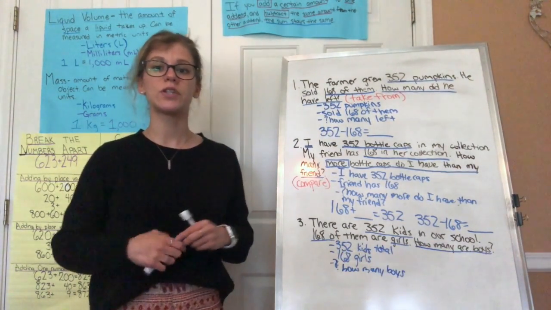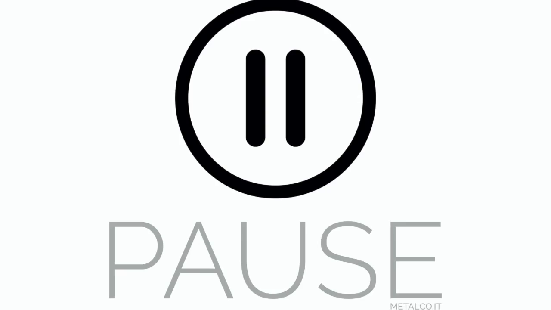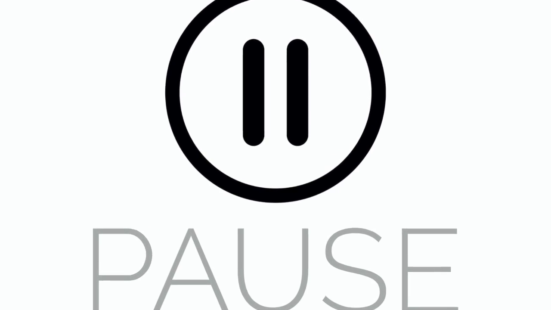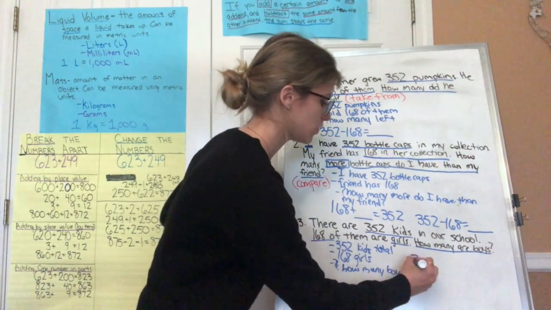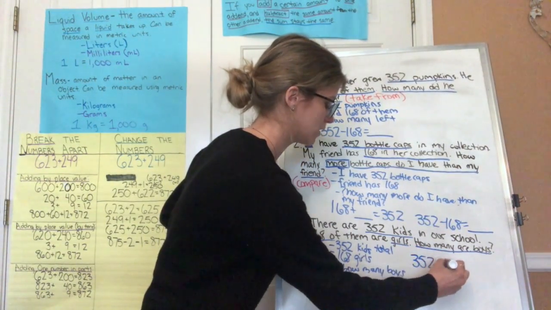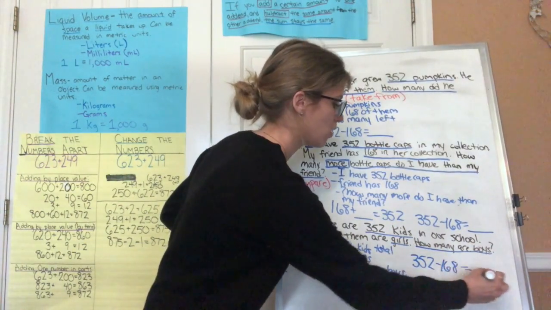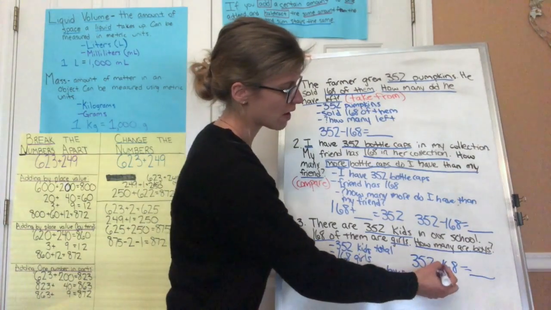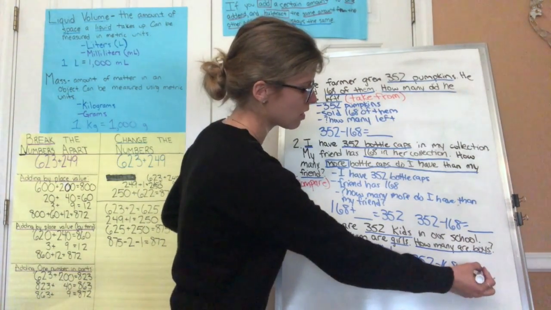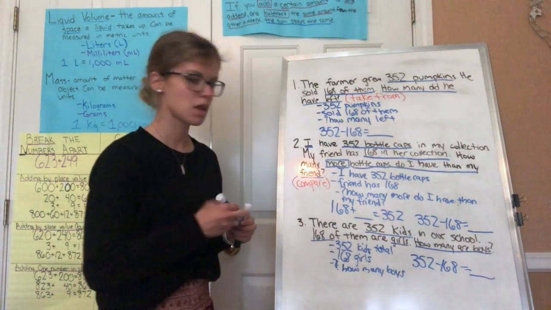Pause me and think about an equation that I can use to represent this. I could do 352 minus 168. Because I know that there's 352 total, that's my biggest number, then I'm taking away how many girls there are to figure out how many boys are left.